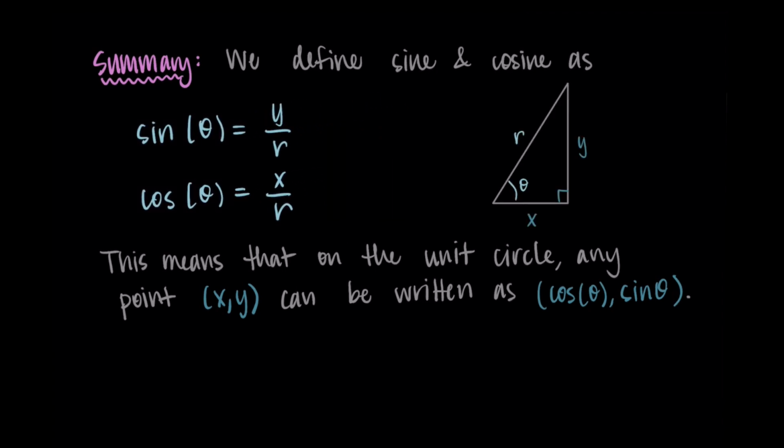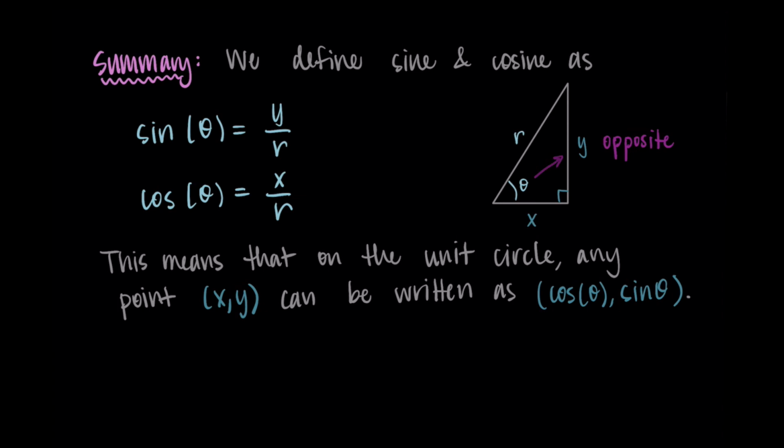And we can relate this to a right triangle. So if we have our triangle with our angle theta, and we label the sides x, y, and r, another way that we're going to refer to these sides is by giving them names. So we're going to call the side length opposite of the angle the opposite side. So you can imagine standing at the angle and looking across the triangle, you would see y on the opposite side.